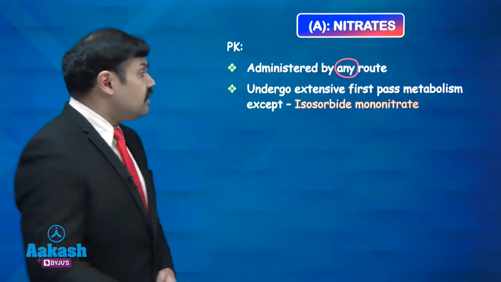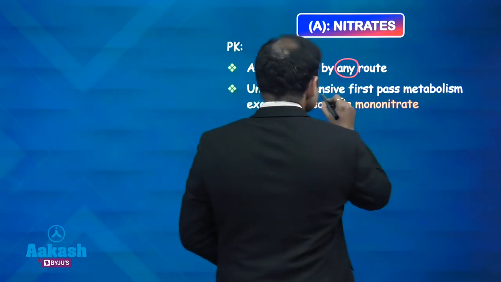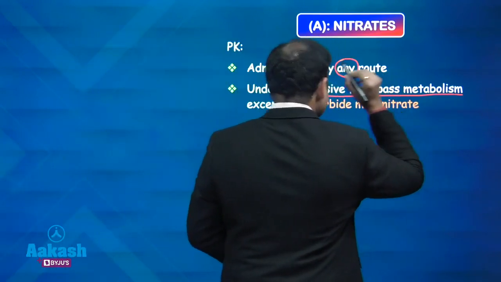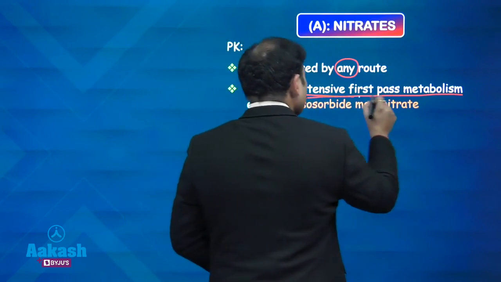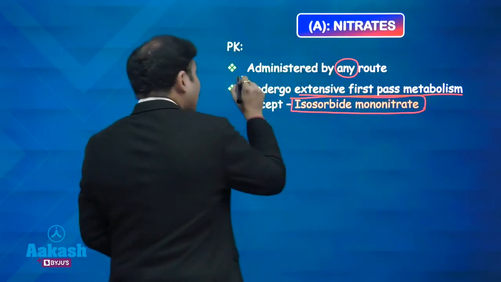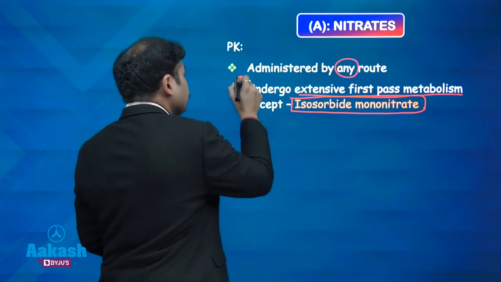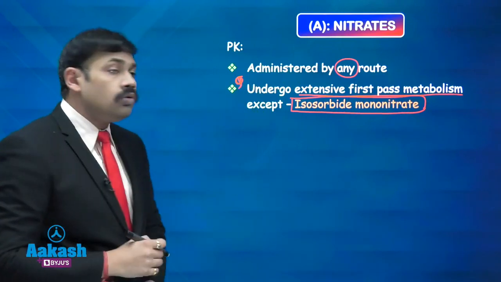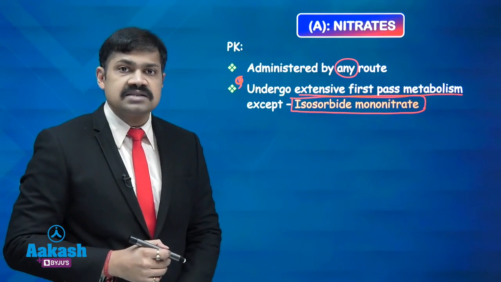Next question, nitrates undergo extensive first pass metabolism except answer isosorbide mononitrate. Among the nitrates, isosorbide mononitrate is the one which does not undergo extensive first pass metabolism.